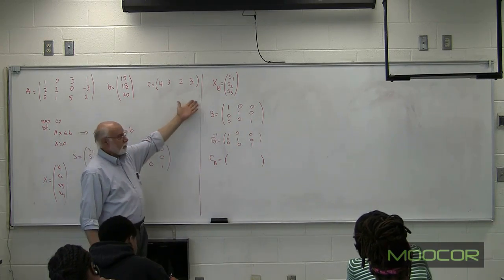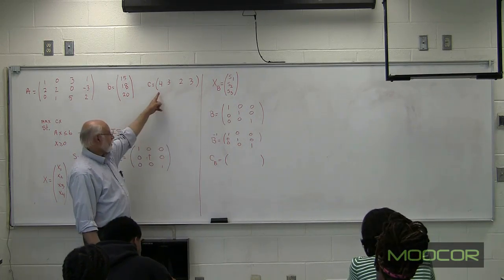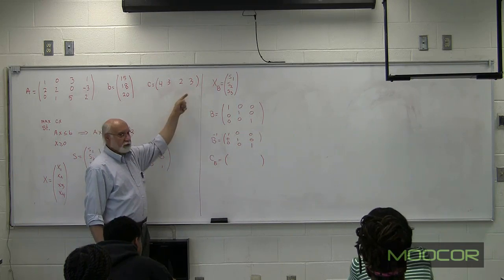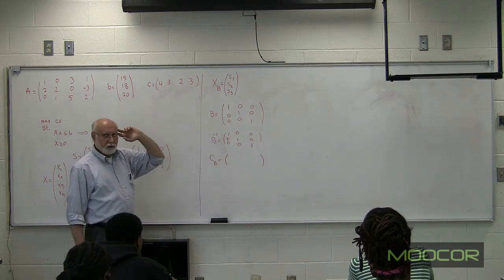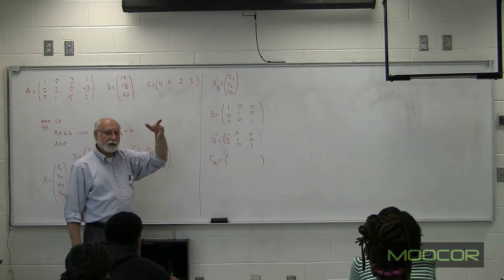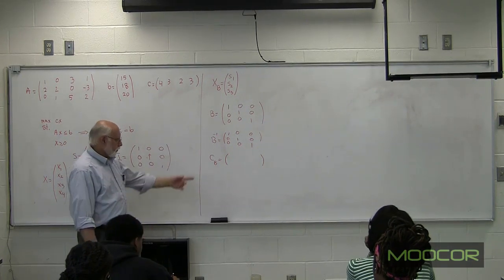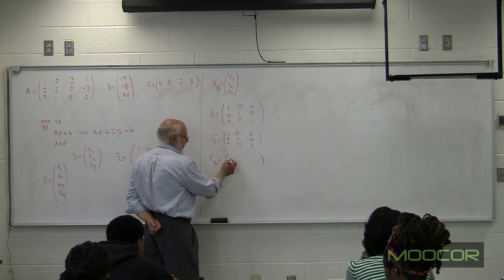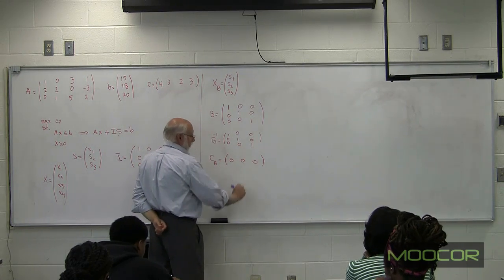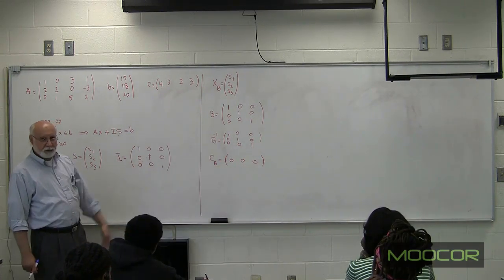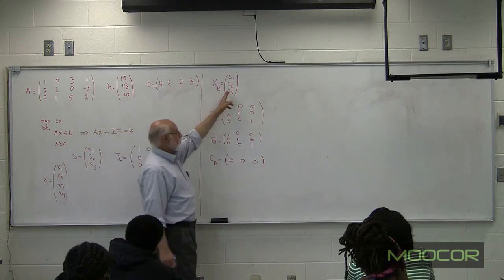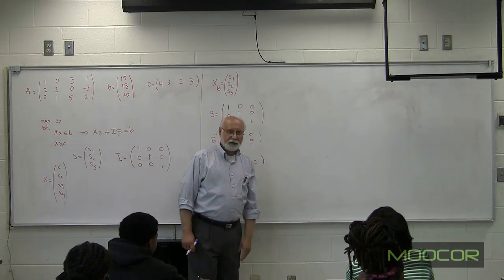The C is for x1, x2, x3, and x4. What are the coefficients of S1, S2, S3 in the objective function? 0. So CB is going to be 0, 0, 0. Why 3 zeros? Because there are 1, 2, 3 basic variables.